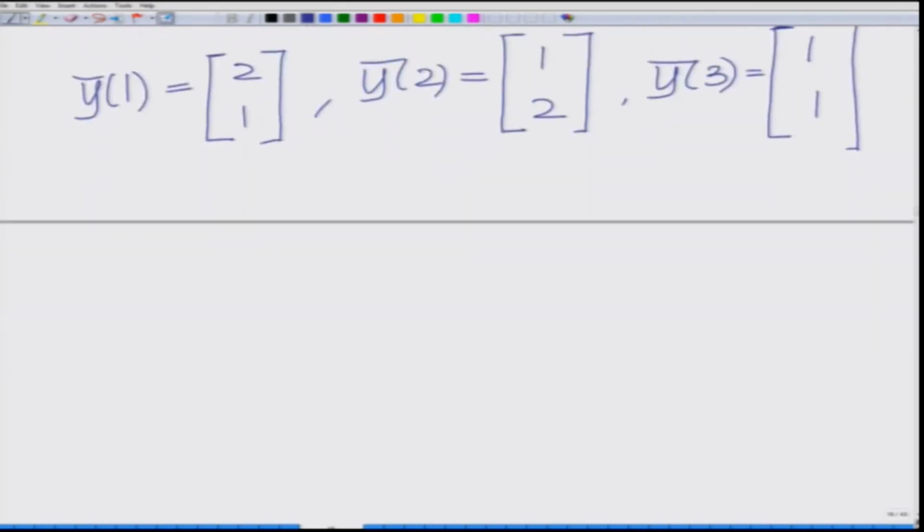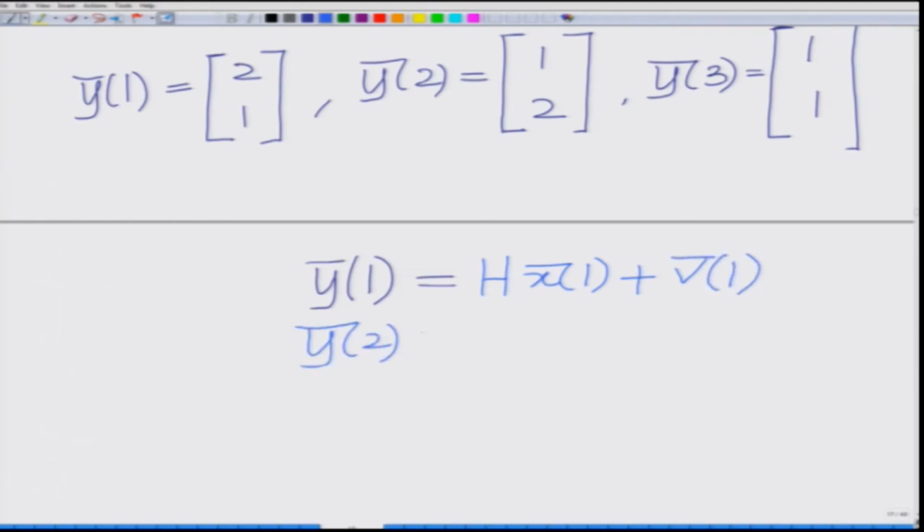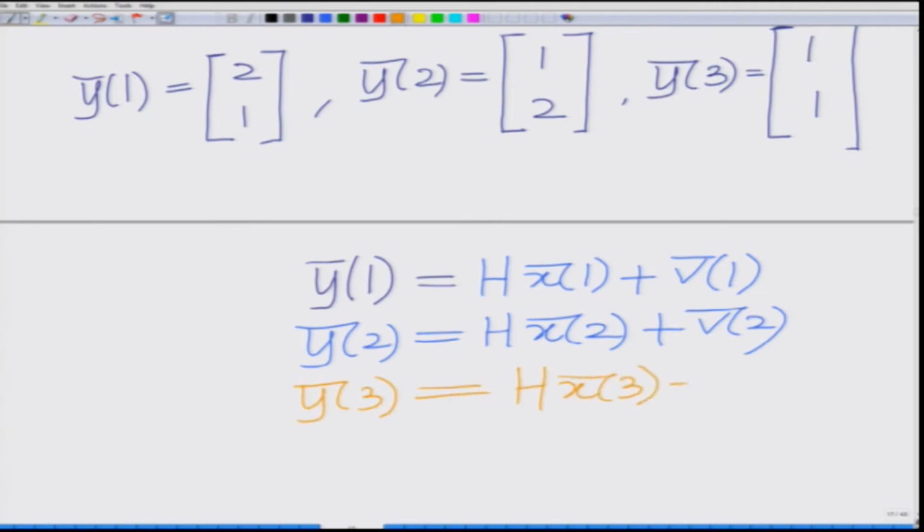And now, remember we had seen that I can write the resulting equations as y bar 1 equals h x bar 1 plus v bar 1, y bar 2 equals h x bar 2 plus v bar 2, and y bar 3 equals h x bar 3 plus v bar 3.